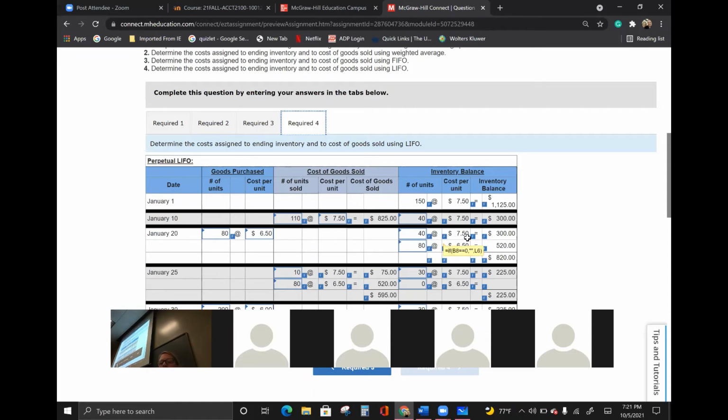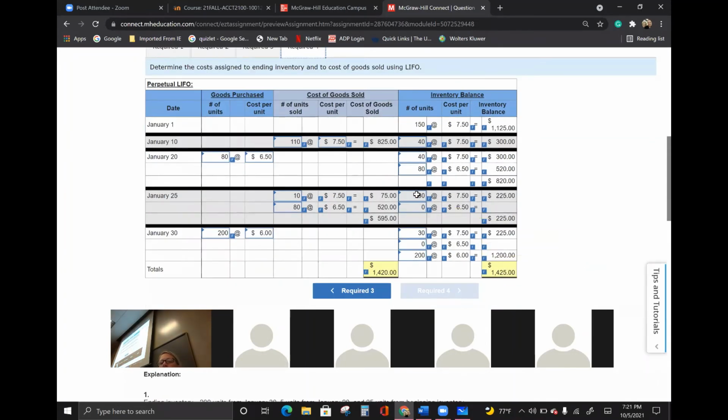So here's that grouping, and I'll have 30 of those left at 750. And 10 I sold at 750. So now here's my cost of goods for that sale. And then I buy 200 units at $6 and I add them in. So I have 30 at 750 and I have 200 at 6.